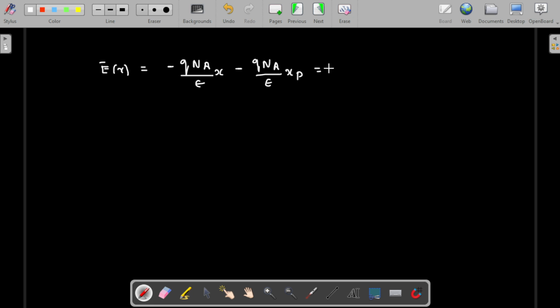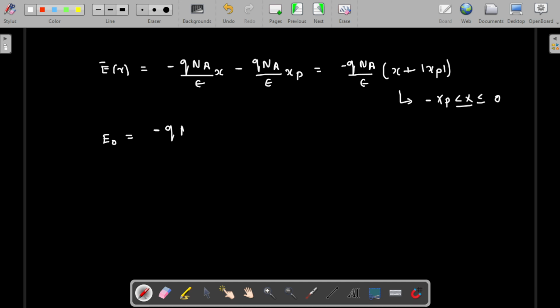If we take this common, then minus q N_A divided by epsilon times x plus modulus of x_p. This is the equation of the electric field in the region minus x_p to 0. So this is a straight line. If x is equal to 0, that is E of 0, then our answer will be minus q N_A divided by epsilon modulus of x_p.